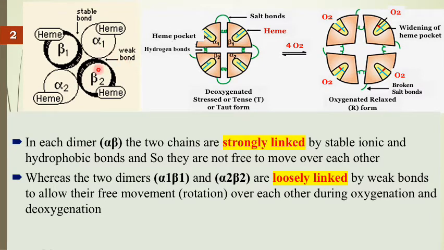Because there is a small number of non-covalent bonds between the first dimer and the second dimer. Imagine the first dimer like a ruler and the second dimer like another ruler or a pen, and we fix the 2 dimers at a certain point. So the first dimer can rotate over the second dimer by 15 degrees when oxygen binds the hemoglobin molecule, okay?